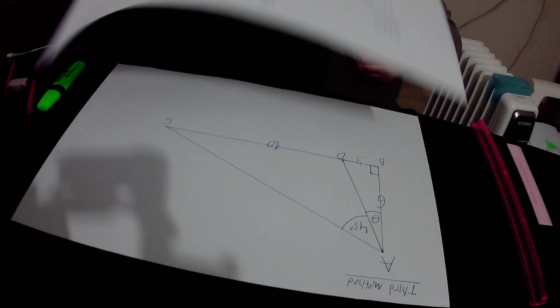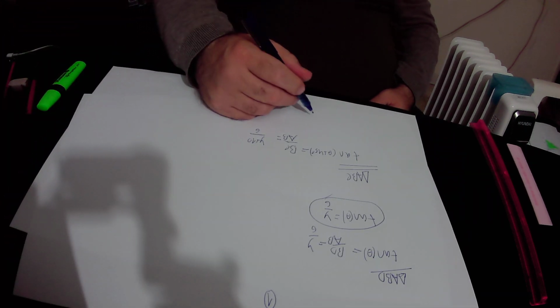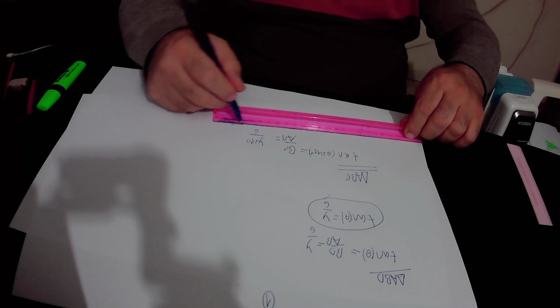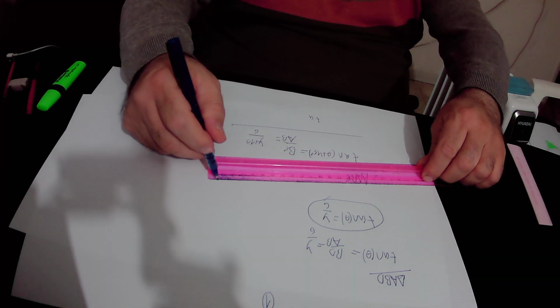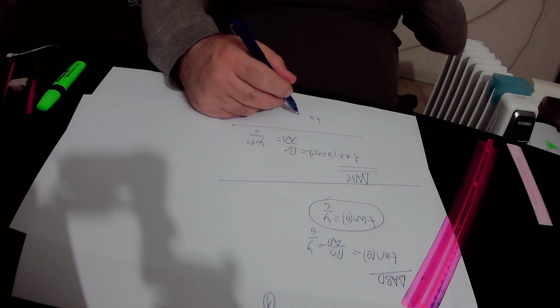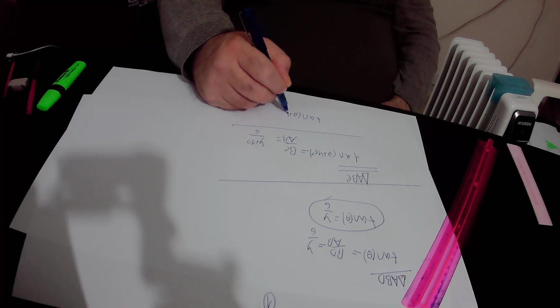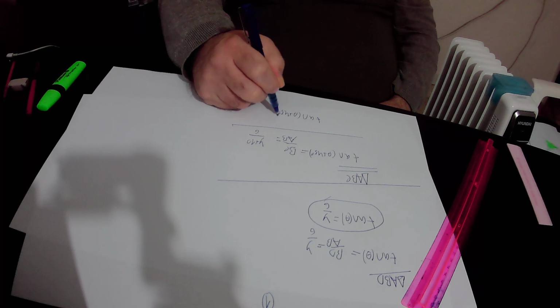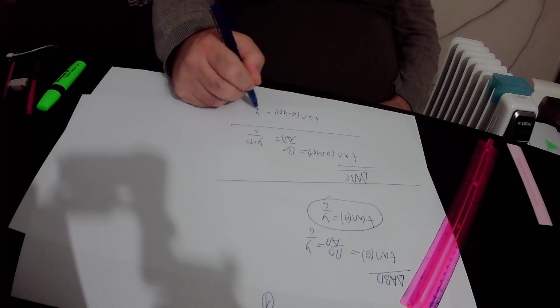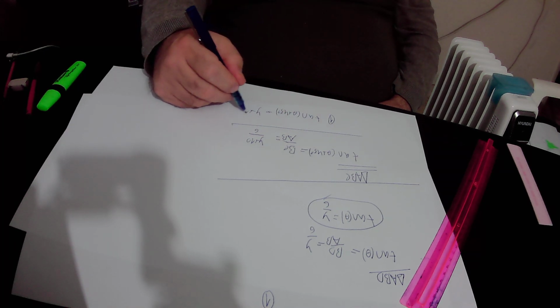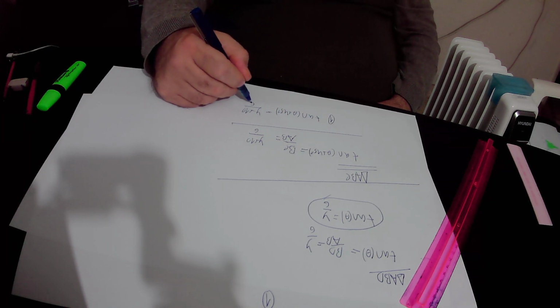So in conclusion, we found that tangent of theta plus 45 degrees is equal to (y plus 10) over 6. This will be equation number 1.